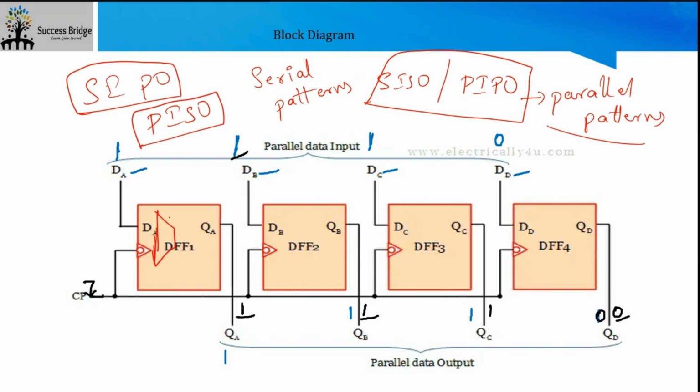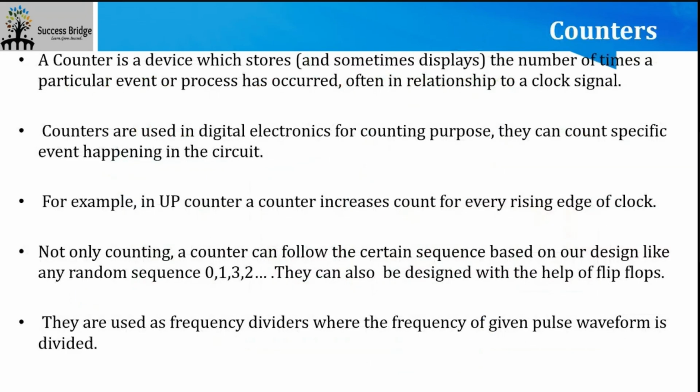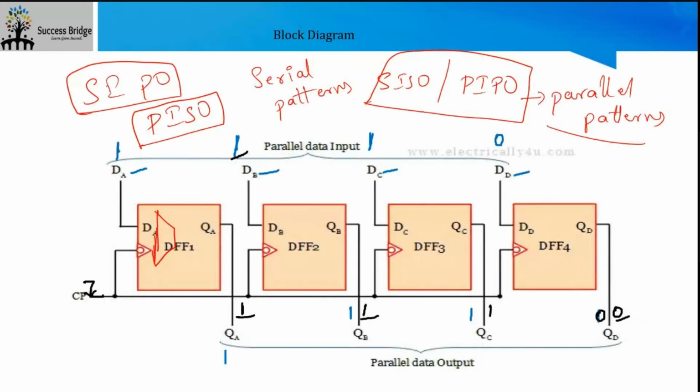I will tell you this architecture later. Whatever the D flip-flop that we will be using in real time will have a scan mux inside. I will discuss that later.